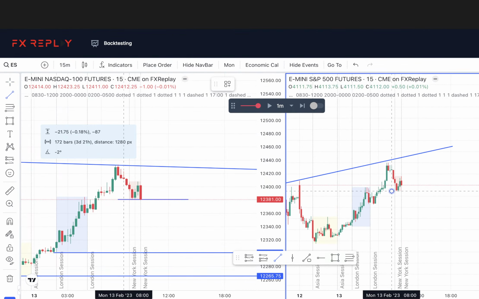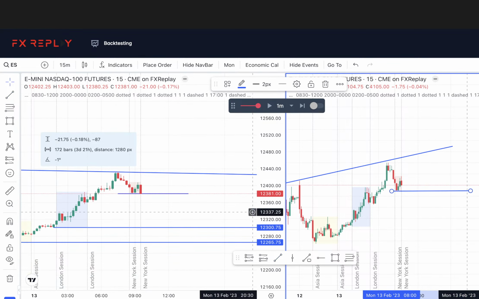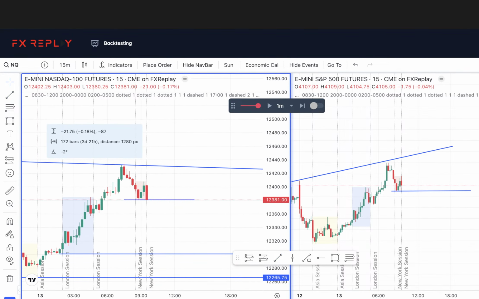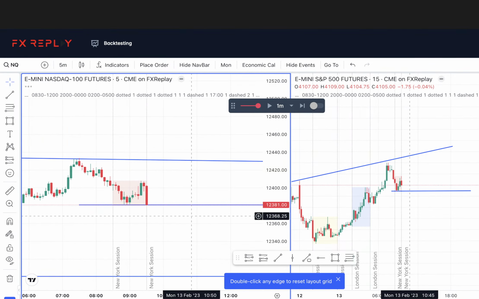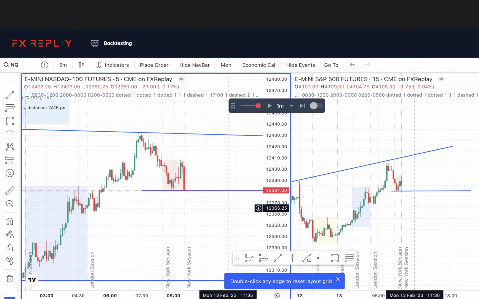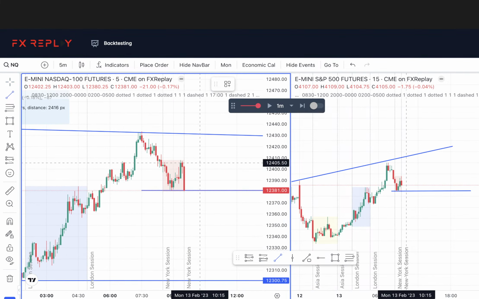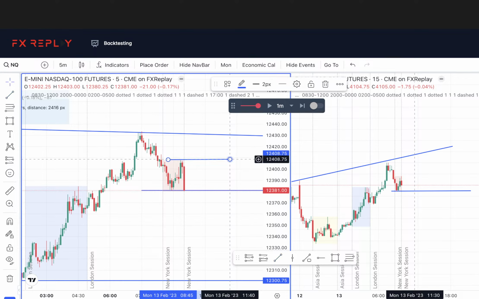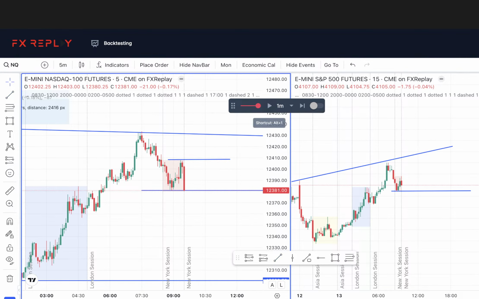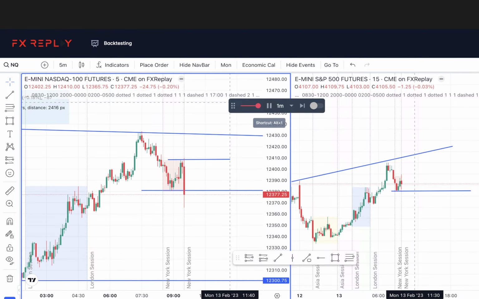So maybe this might be a day we start on the 5 minute. And then maybe it wants to sweep this liquidity before going lower. Who knows? 5 minute chart now, not 15 minute.